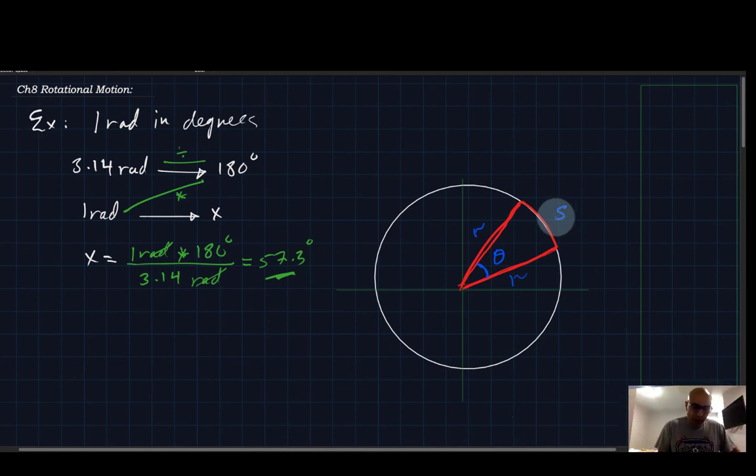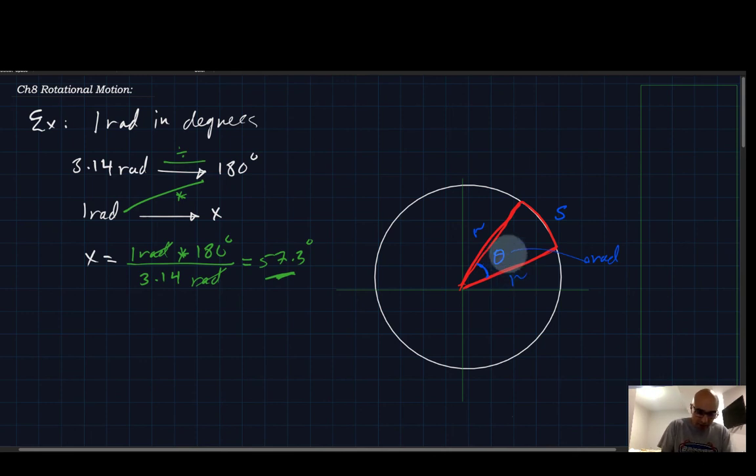Now, what is the relationship? Remember, theta is in radians. If you were given it in degrees, the first thing to do is convert it into radians. So what is the relationship between s, r, and theta?